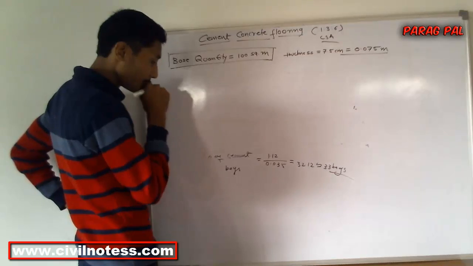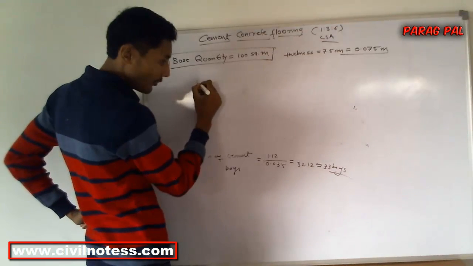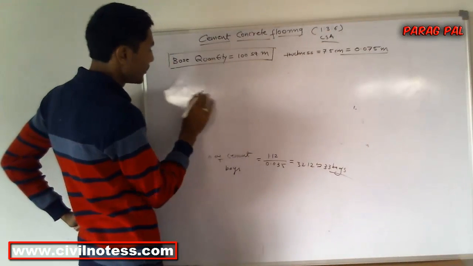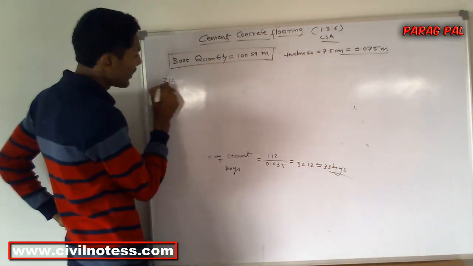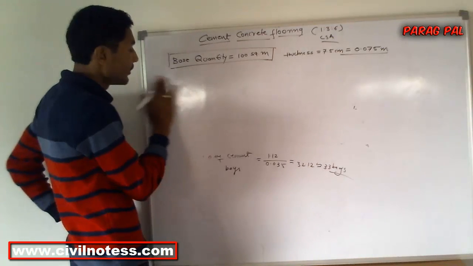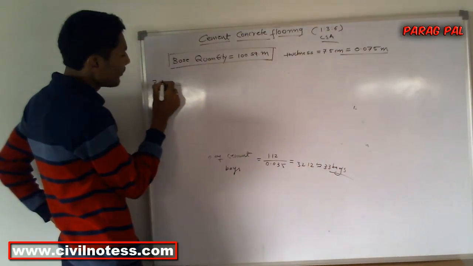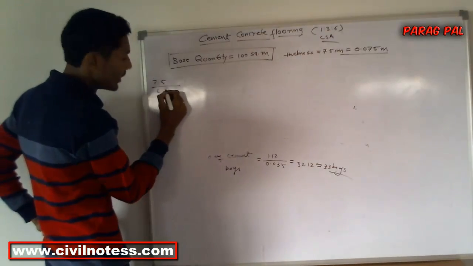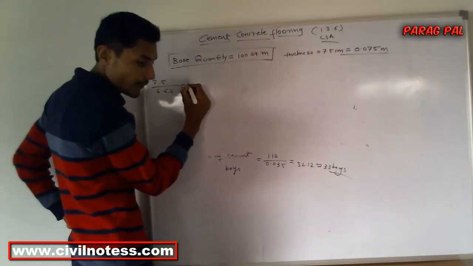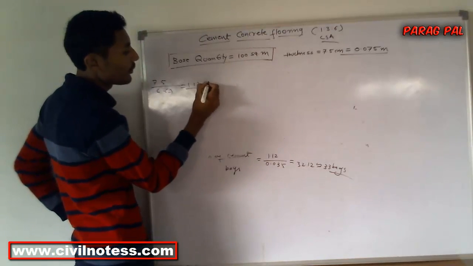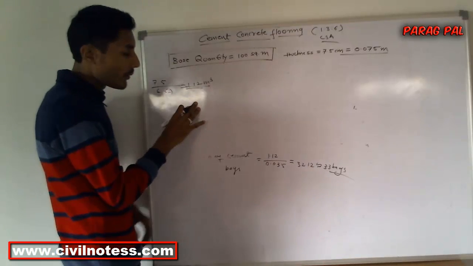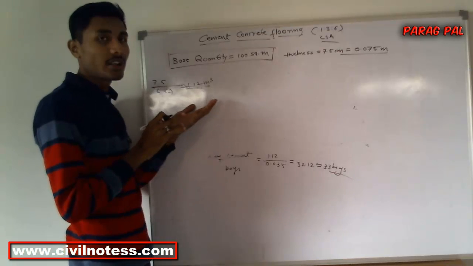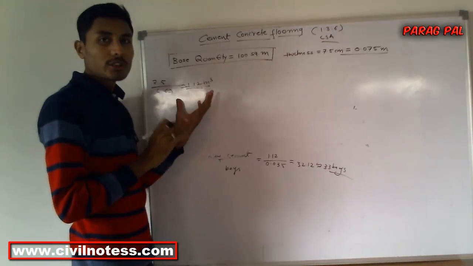The quantity of cement is 0.075 multiplied by 100 divided by 6.67, and we got the value as 1.12. With respect to this volume we have to determine the rest. We already determined the number of cement bags. Now the remaining things are the coarse aggregate and sand.